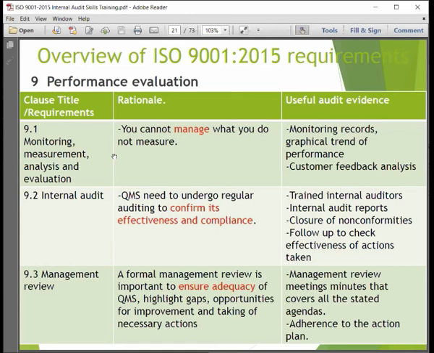A very important meeting. When you're auditing to see whether this meeting has happened, one thing you may want to check is management review meeting minutes that cover all the stated agenda. Normally this is kept by the quality management coordinator, the project manager. So you want to be shown the minutes. Then you look at the minutes and see whether they have covered the necessary inputs and outputs that are mentioned in the standard.